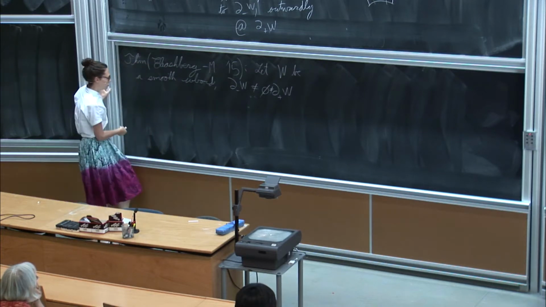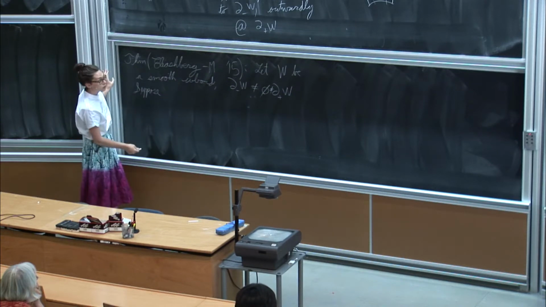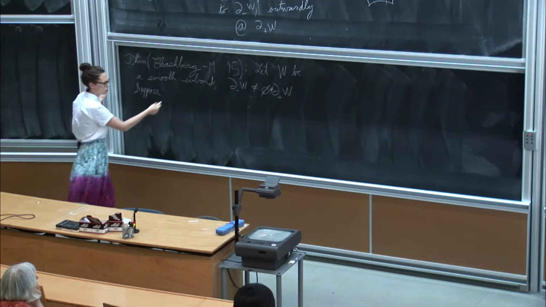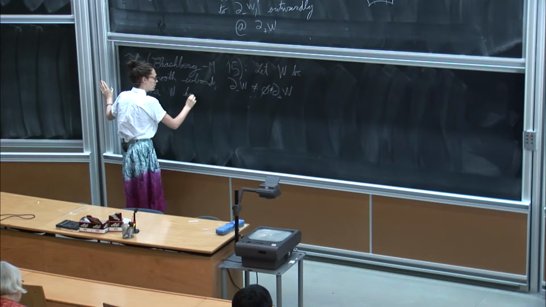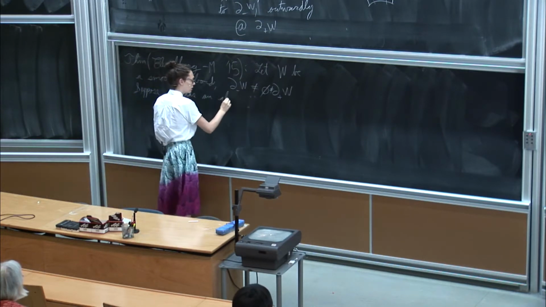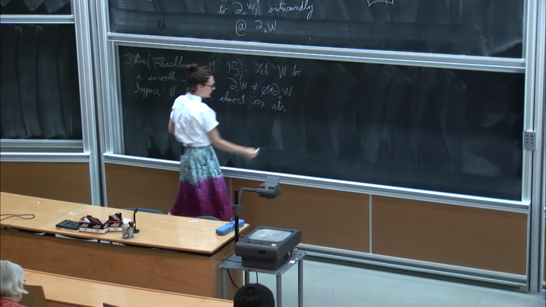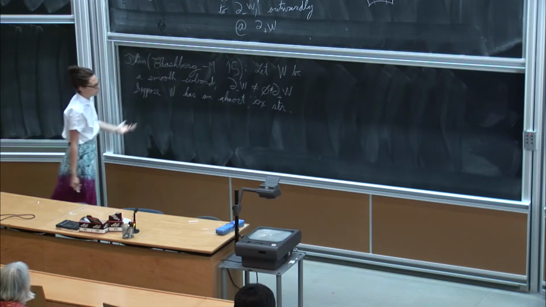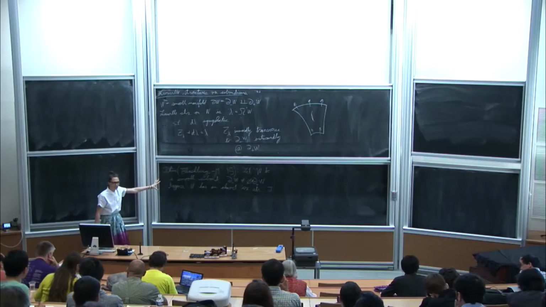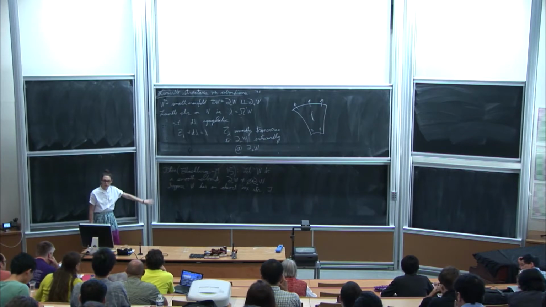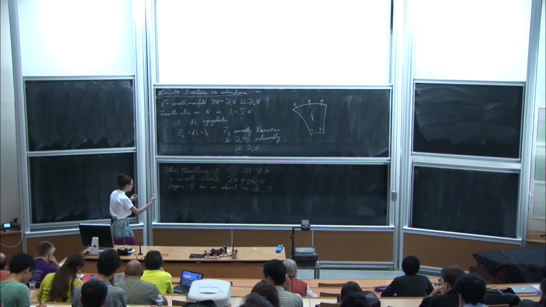And then let's just assume that W has an almost complex structure, say J. I'm just thinking of this as existing up to homotopy; the actual specific almost complex structure doesn't matter.